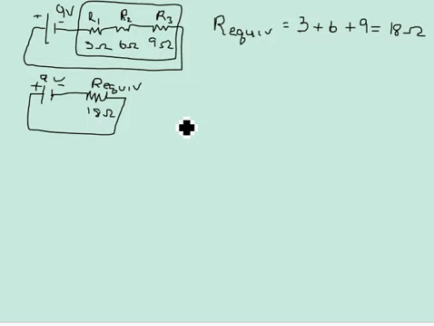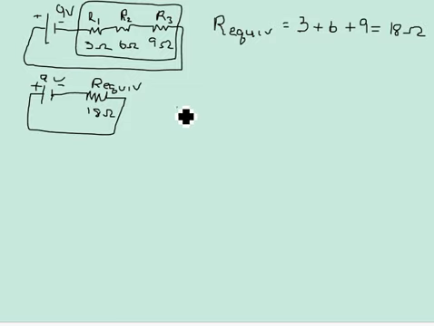So what I want to do is figure out, first of all, the current. There's only one current moving through this circuit because there's only one path. So the way I can do it is I can use Ohm's law. Those rules are still completely valid for the way we solve problems. But I rewrite Ohm's law a little bit differently because I know this is a more complicated circuit.